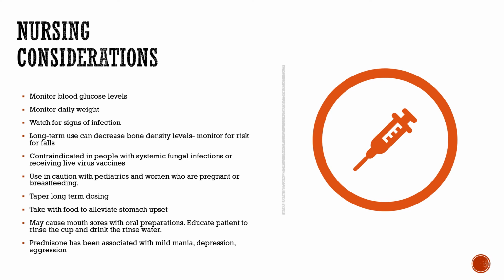So I alluded to the taper, the long-term dosing before, and what can happen if you have a patient that's getting long-term therapy or is receiving big doses, and we stop that all of a sudden, we could put them into a case of acute adrenal insufficiency. That could be fatal. And so generally in a hospital setting, you'll see a doctor taper from like 160 a couple times a day down to 120, down to 80, and then change that to an oral dose of 60 or 40.